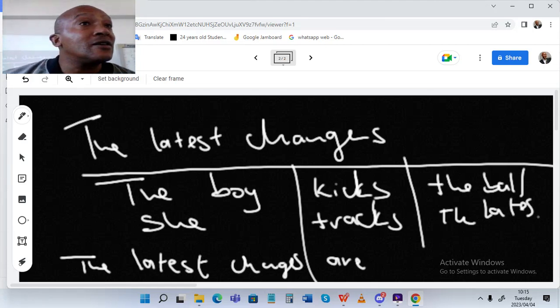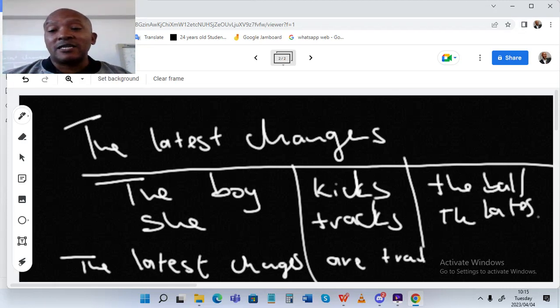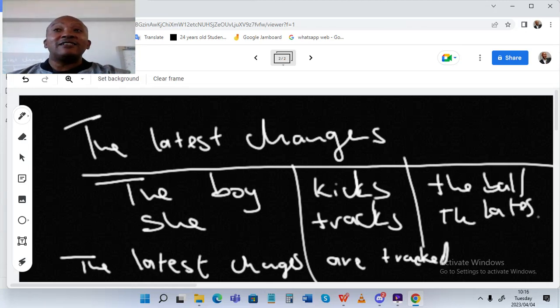The latest changes are, what's happening to them? Are tracked. We used kicks, became kicked, ed. The ball is kicked. The latest changes are tracked.